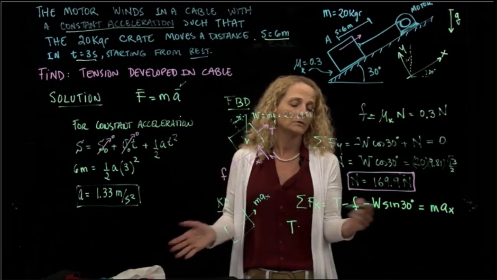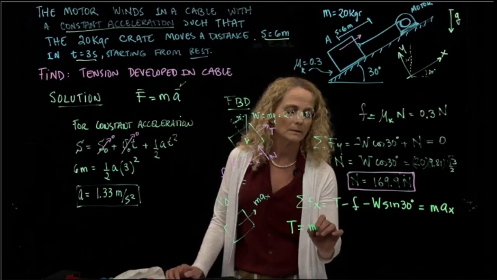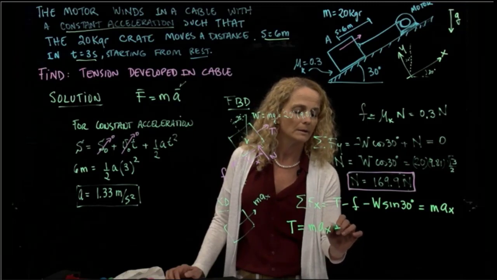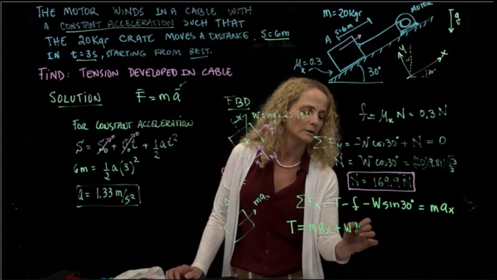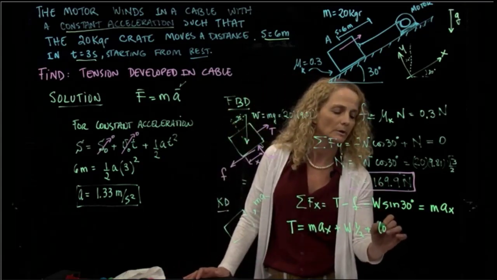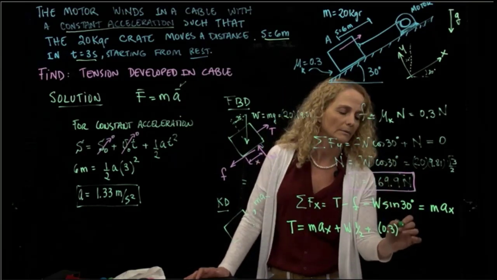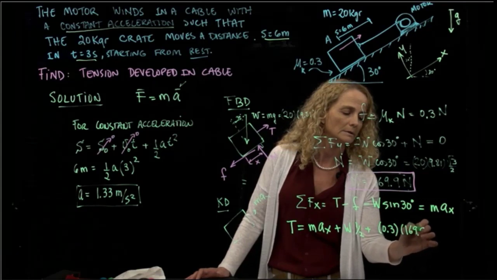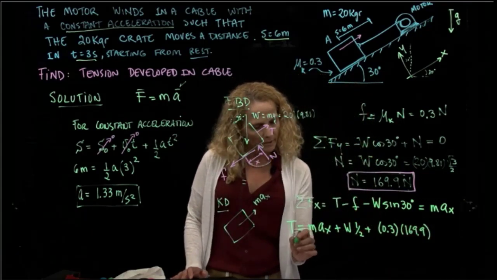The tension is what I want to find, so let's solve for tension. Tension is equal to mass times ax plus the weight times sine of 30, which you know is 1/2, plus the friction, which is 0.3 times the normal, which I already calculated: 169.9. So I can solve for the tension.